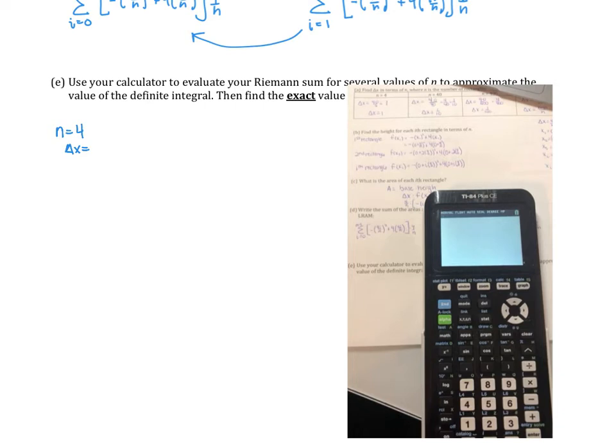And then I'm going to do that same one, n equals 40, where delta x is 0.1. And then I'm going to do n equals 400. Then delta x would be 0.01. But let's look at what that looks like, what I'm actually typing in.